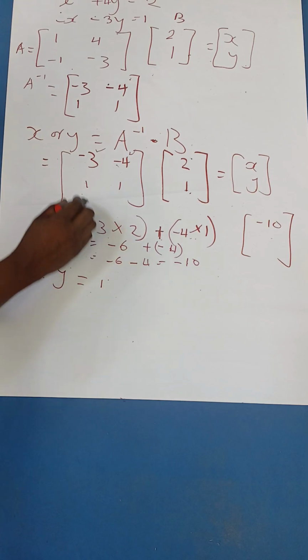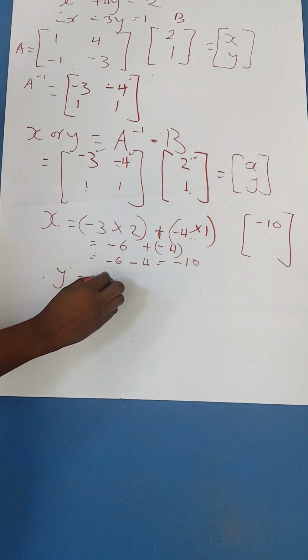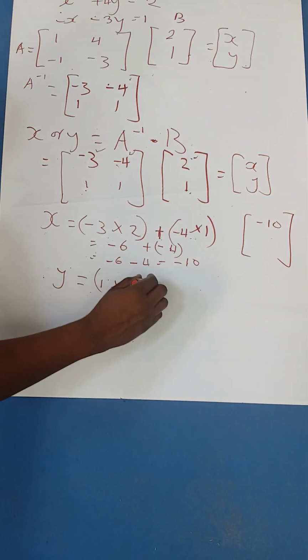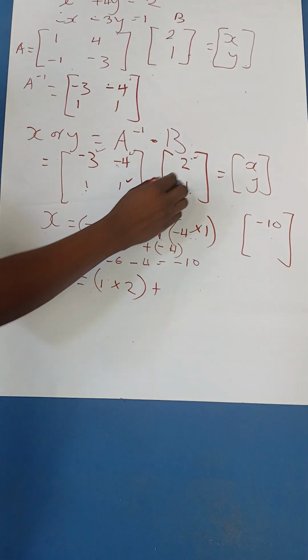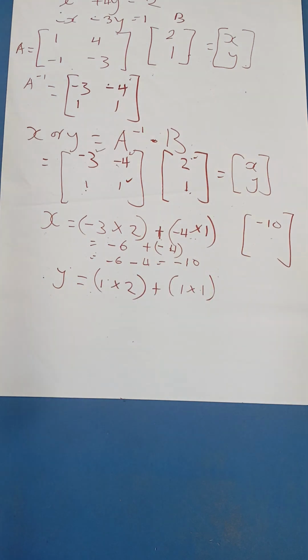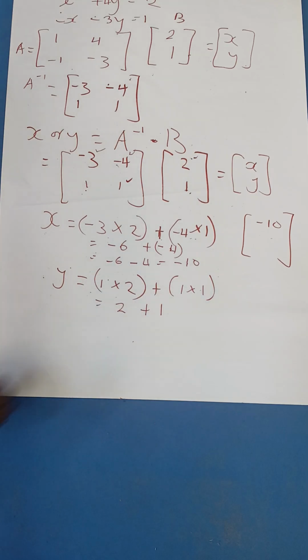It will be 1, you multiply by 2, close the bracket, you add plus 1, you multiply by this 1. So it will be 2 plus 1.